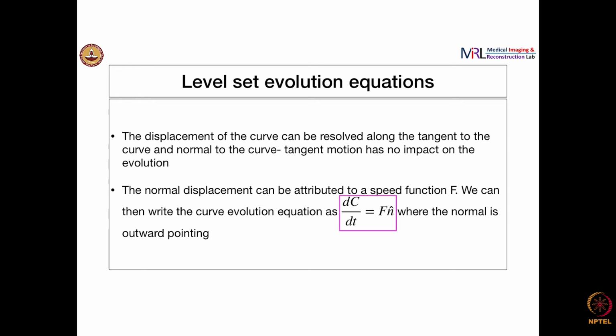The displacement of the curve can typically be resolved along the tangent to the curve and normal to the tangent. Tangent motion has no impact on the evolution, because if you are moving along the tangent, the curve stays in place. Curve doesn't shrink or expand or deform in any way. The normal displacement is what actually causes the deformation of the curve, and for the curve to move.